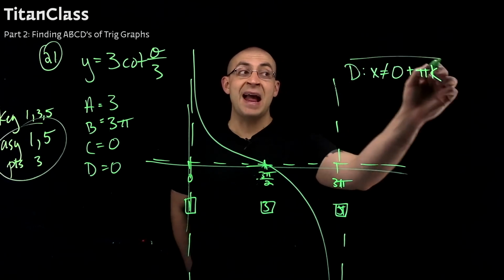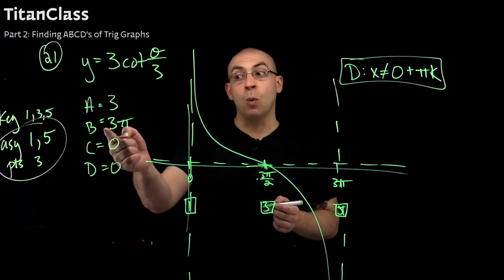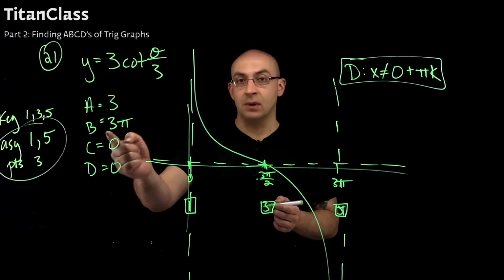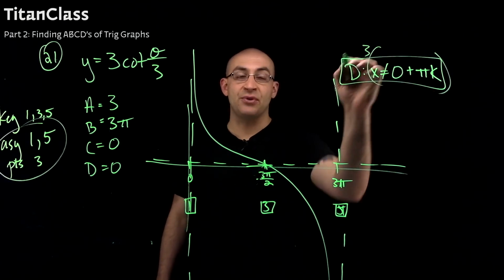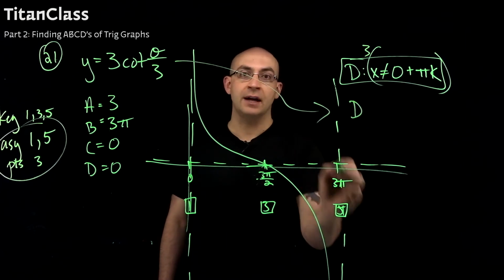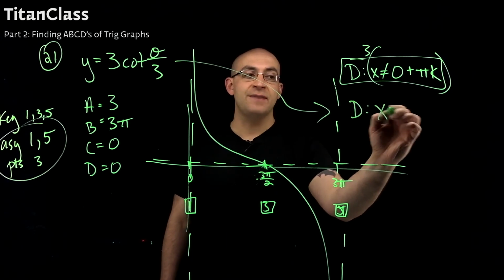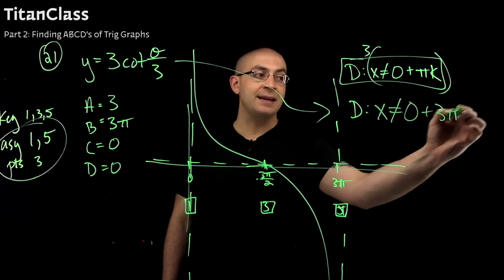Now that's the parent rule or the base rule. But again, just like in tangent, what did we do to the period? We multiplied it by 3, which means I'm essentially multiplying this whole thing by 3 as well. So the domain for this particular function, right, is going to be where values of x cannot equal 3 times 0, which is just 0, plus 3 pi k.